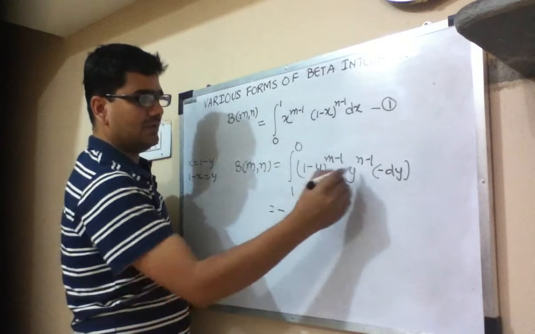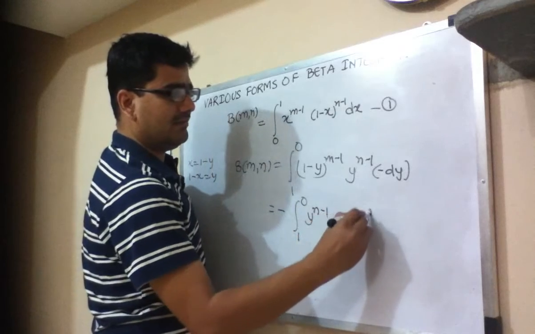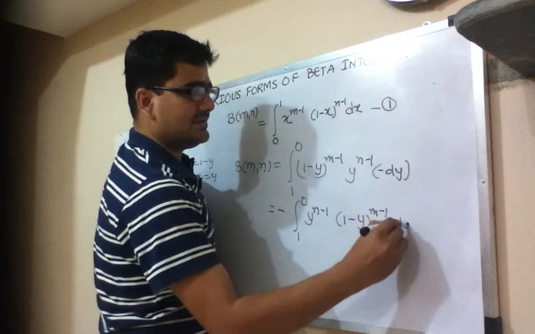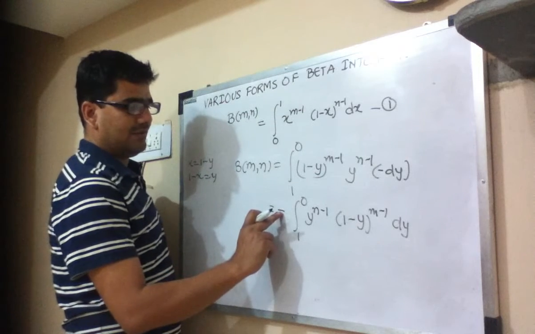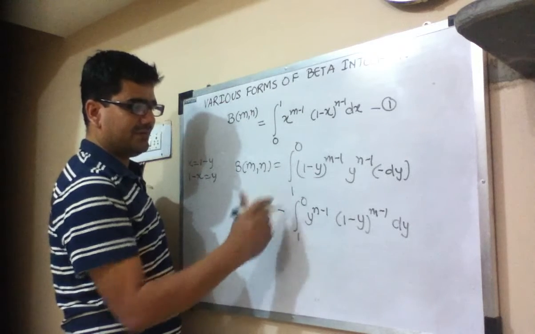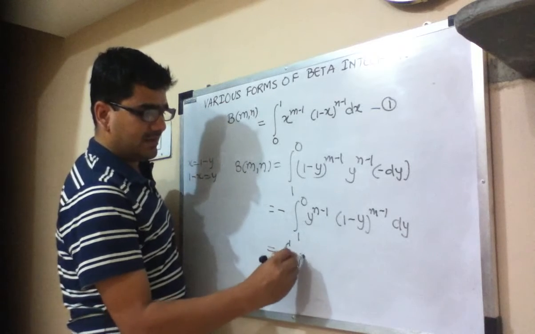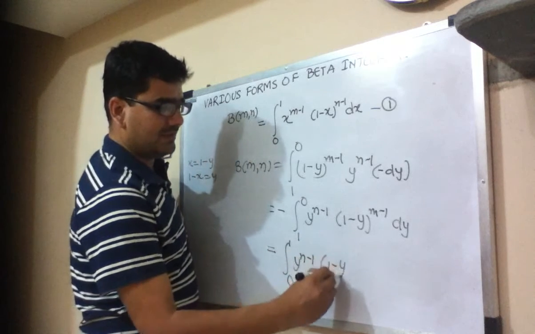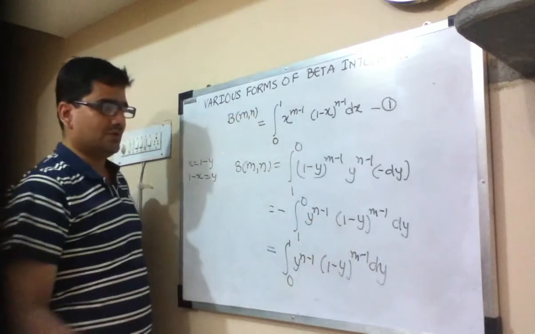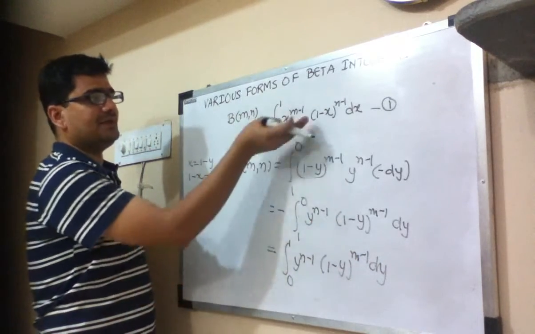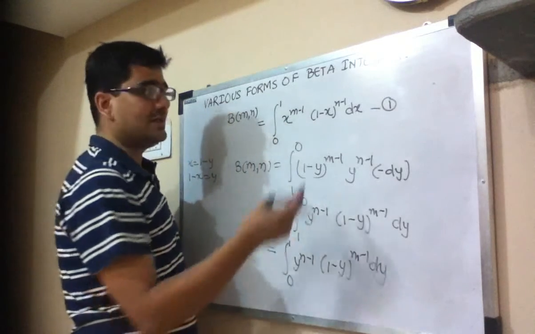The integral from 1 to 0 we can write as y to the power n minus 1, (1 minus y) to the power m minus 1, dy. And again, if there is a minus sign, the limits will be reversed. So it will give the integral from 0 to 1 of y to the power n minus 1, (1 minus y) to the power m minus 1, dy.